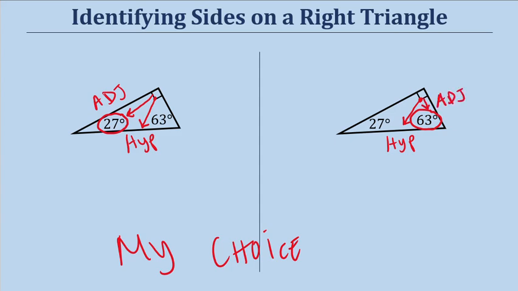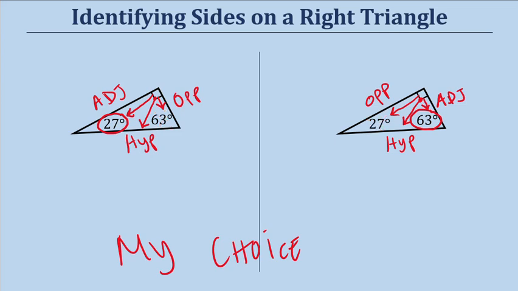As for opposite, if I chose the 27, then I didn't choose the 63, so going to that angle would create my opposite. If, however, I chose the 63 and I didn't choose the 27, going to that angle would be the opposite, because opposite and adjacent are about your choice. Adjacent goes to your choice, and opposite goes to the angle that was not your choice.